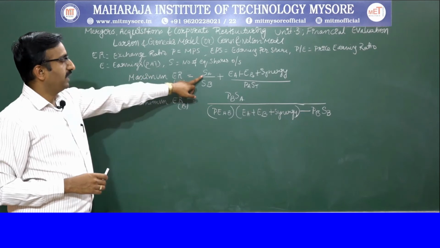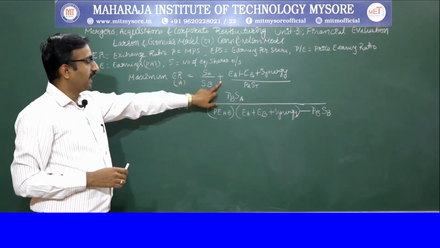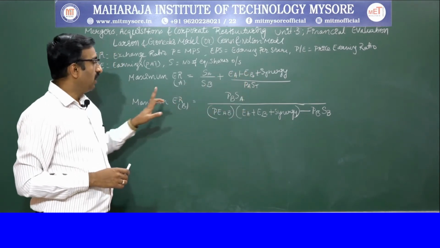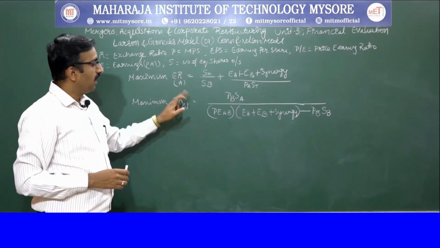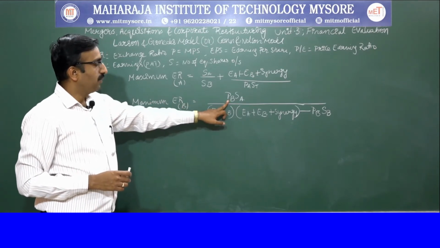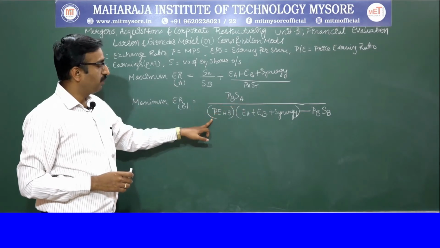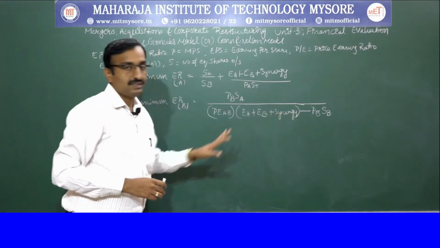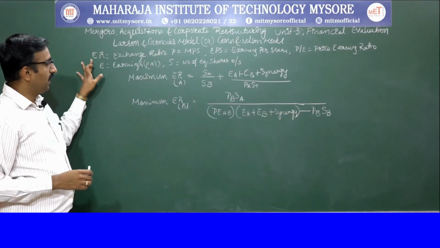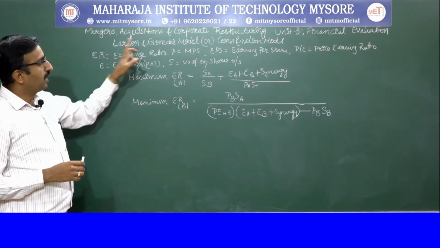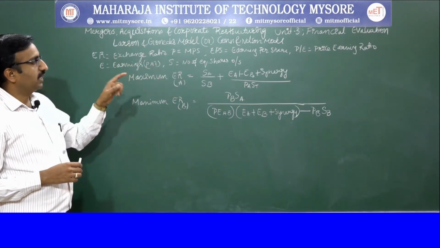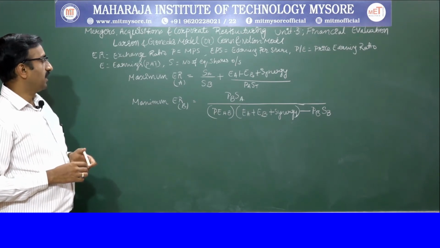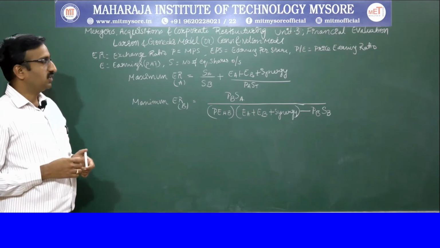For maxi we apply SA divided by SB plus EA plus EB plus synergy divided by PA, and for the other company we use the minimum formula by putting PB into SA divided by PE AB into EA plus EB plus synergy, all minus PB SB. Here ER represents exchange ratio, P represents market price per share, EPS represents earning per share, PE represents price earning ratio, E represents earnings PAT, and S represents number of equity shares outstanding.